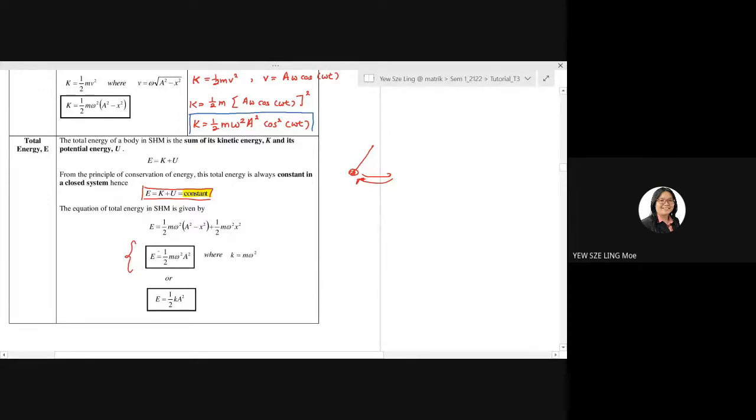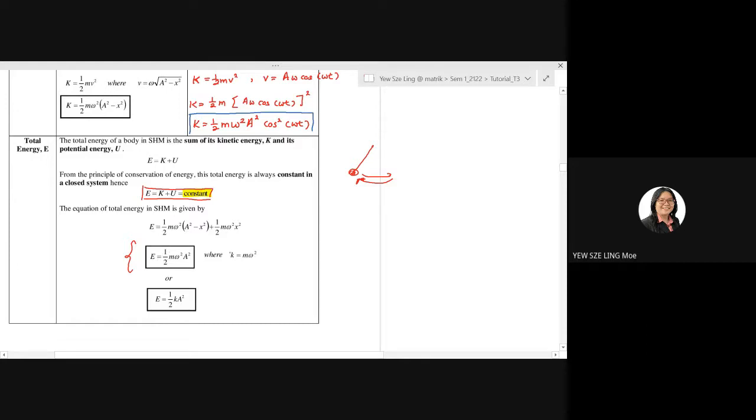So the equation is a fixed value, it's always constant. It doesn't matter where your object is, the total energy is always the same. It doesn't matter whether your object is at its highest position or its lowest position. E is the same.